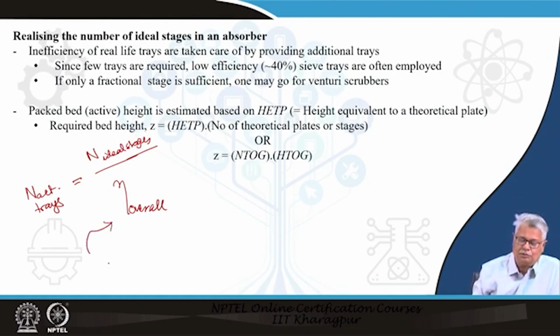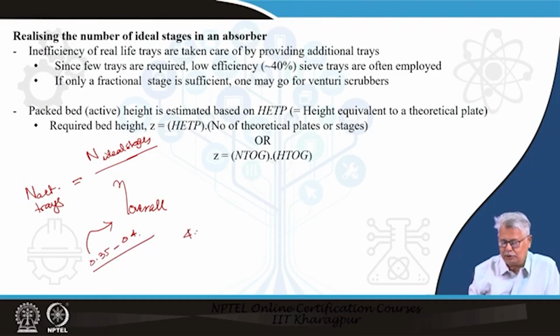Typically, if you are going to use sieve trays, possibly you will have an efficiency value of 0.35 to around 0.4. So quite naturally, if I have 4.2 divided by an efficiency of around 0.4, you understand it will be around 10 actual trays.